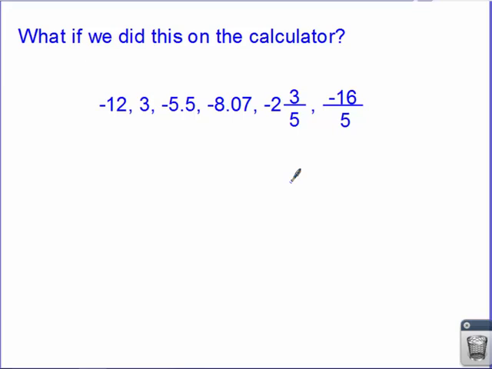But we do have a problem when we have fractions. Fractions are sometimes kind of tough to put in order, because in order to do that, you've got to find common denominators and change the numerators and do all kinds of stuff. But because we have a calculator, I could take this fraction here and turn it into a decimal. And we know that fractions, it's just a division problem, top in, bottom out, top divided by bottom.